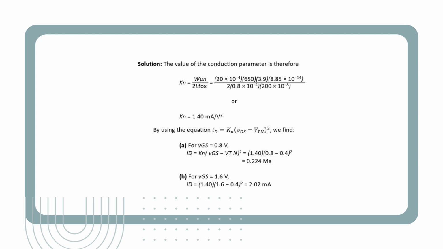Now, we need to determine the drain current for 0.8 volts and for 1.6 volts. For 0.8 volts, if we place the values of Kn, Vgs and Vtn in the equation ID equals Kn (Vgs minus Vtn) whole square, we will get ID equals 0.224 milliampere, and for 1.6 volts we get the value 2.02 milliampere.